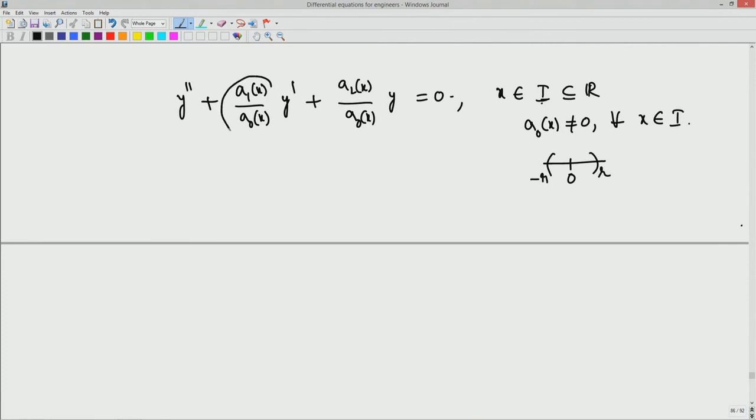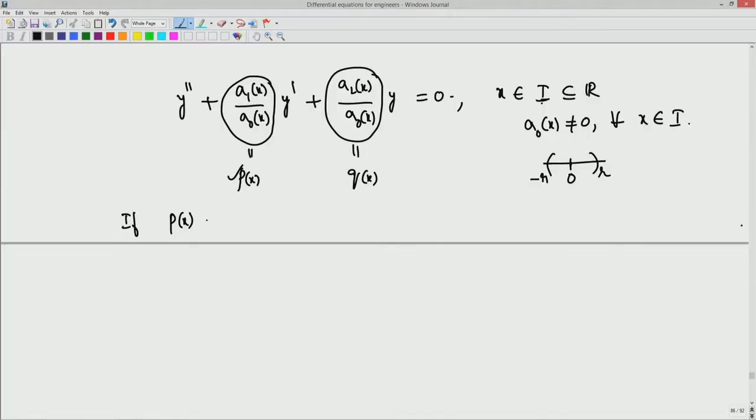If you call these functions, let us call this P of x, and let us call this Q of x. If P of x has a power series representation, that means you consider this P of x, assume that it is continuous and differentiable so that you can find its Taylor series around the point 0. Then whatever Taylor series it has is also a power series for that function P of x.